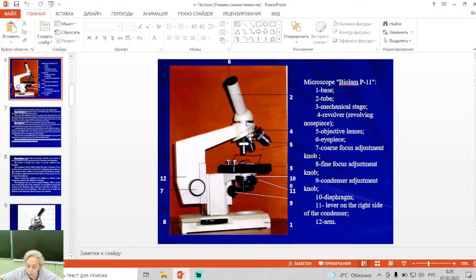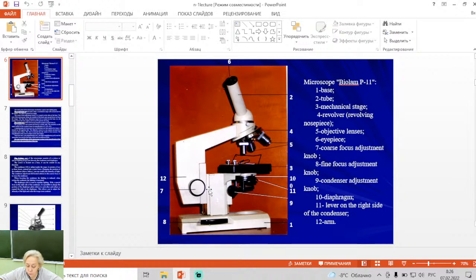Turn the revolver until you hear a slight click and the lens is fixed. Using the coarse focus adjustment knob, lift the lens above the stage to a height of approximately 0.5 centimeter, only 5 millimeters.